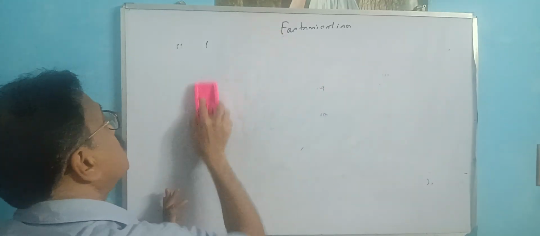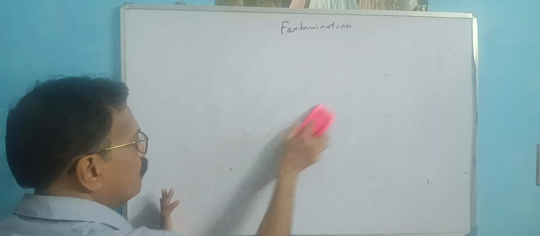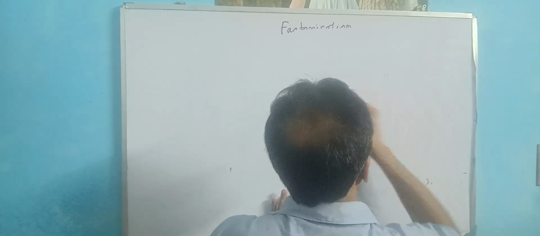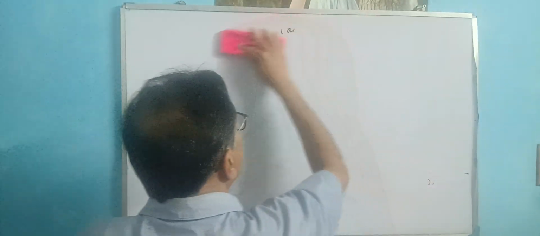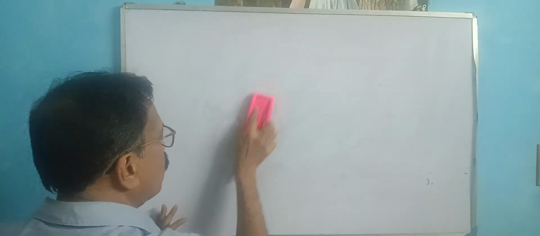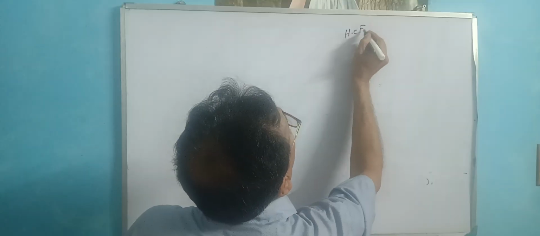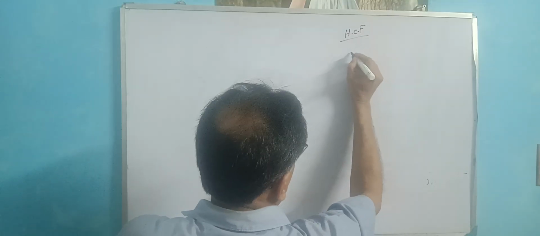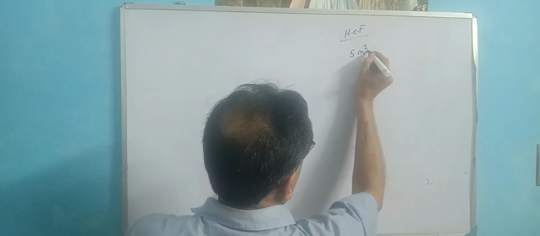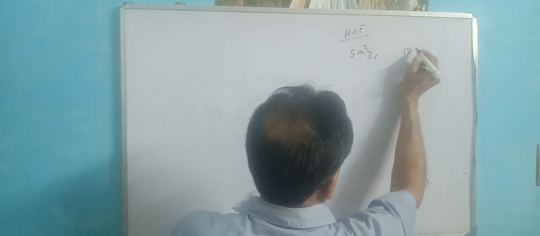You know HCF and LCM. So one thing is very important here: the HCF. In case of algebra, suppose we find the HCF of 5x square y and 15xy.